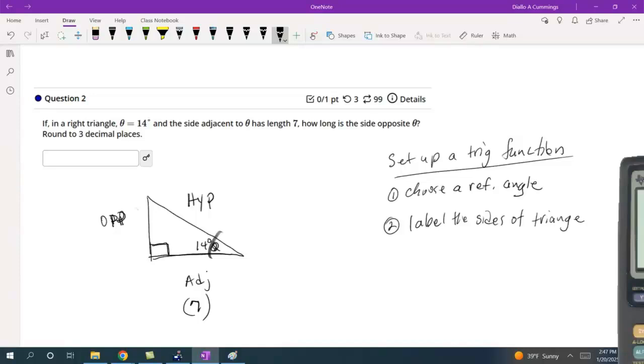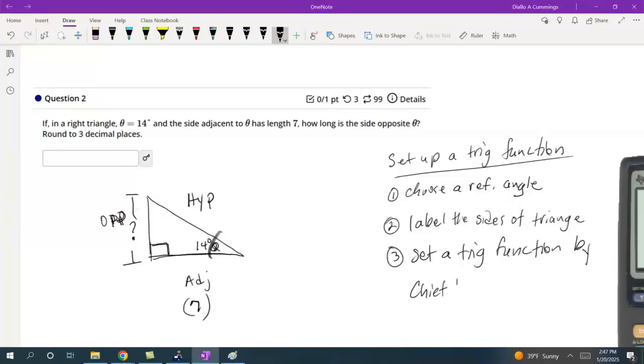So I actually want to find this length. So we've chosen a reference angle. We've labeled all of our sides. The next thing we're going to do is set up a trig function. And we're going to use SOH-CAH-TOA.